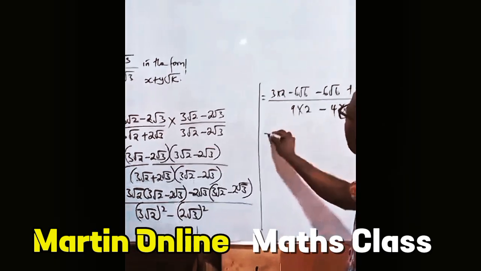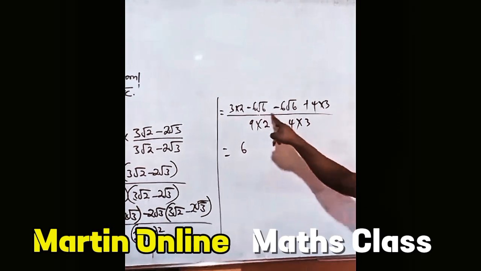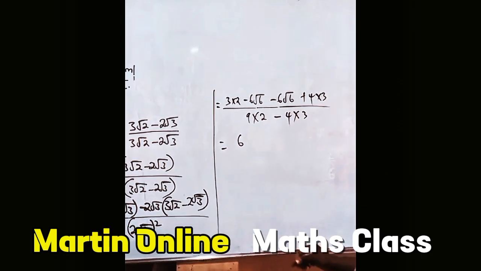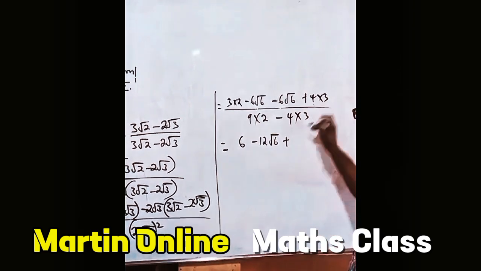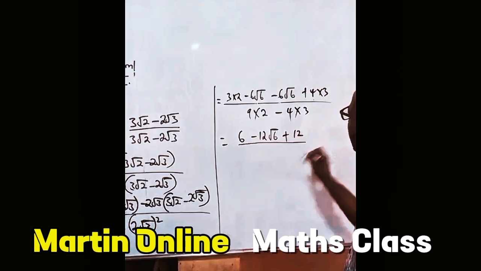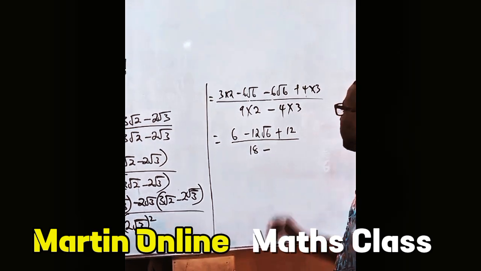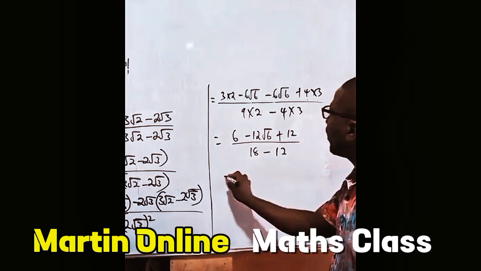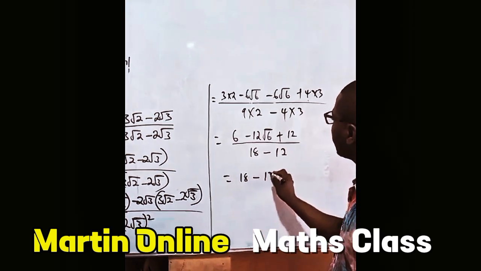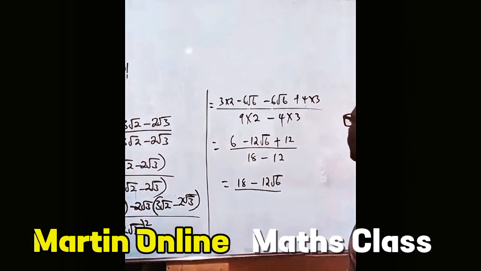So at the end we have 9 times 2, 18, minus 6√6 minus 6√6, which will give us −12√6, plus 4 times 3, 12, over 9 times 2 is 18 minus 4 times 3 is 12. The 18 and 12 can be added, so we have (30 − 12√6) over (18 − 12).